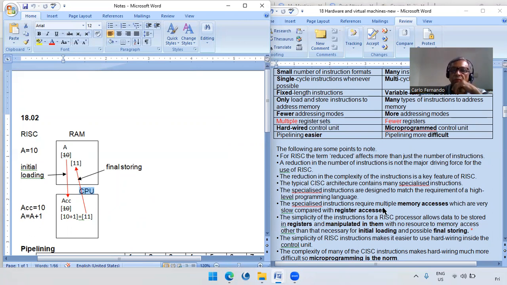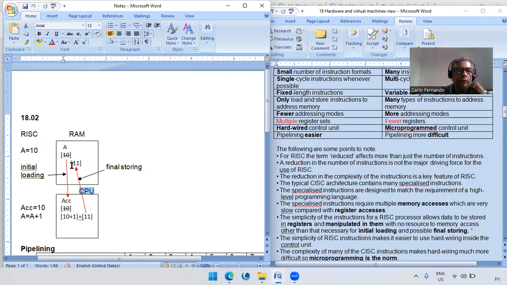So memory accesses are very slow, so you store it in a register first, then manipulate it. What is the manipulation? Now ACC equals 10 will do that. Then A equals A plus 1. That means 10 plus 1 becomes 11.